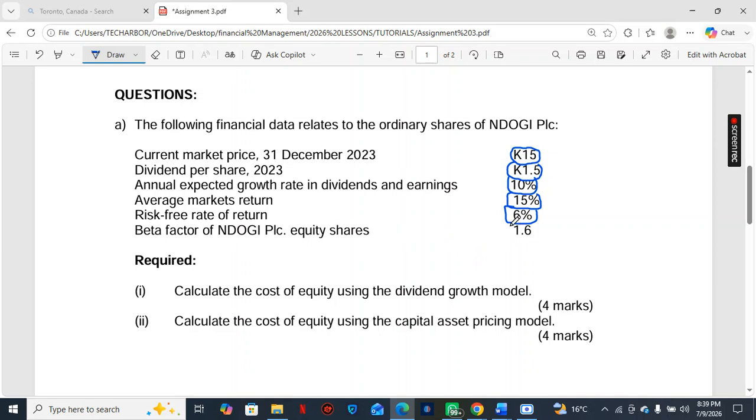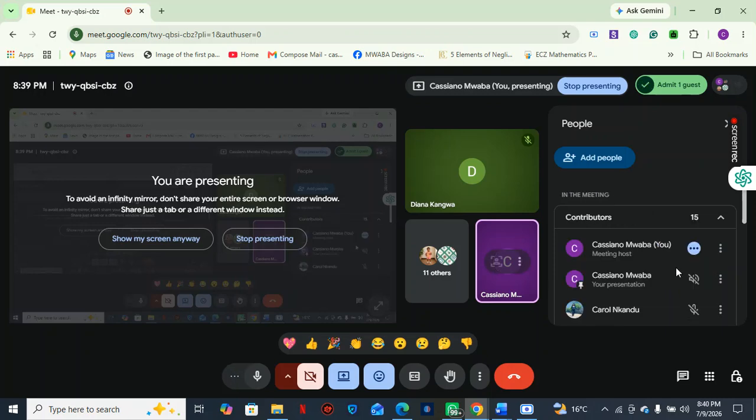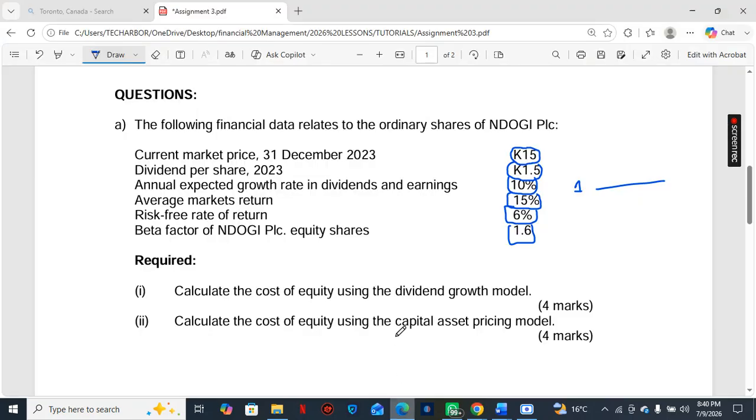Beta factor. Beta measures the risk of a share, how risky a share is. The benchmark for the betas: any beta above 1, it means those shares are risky. Any beta below 1, those shares are not risky.